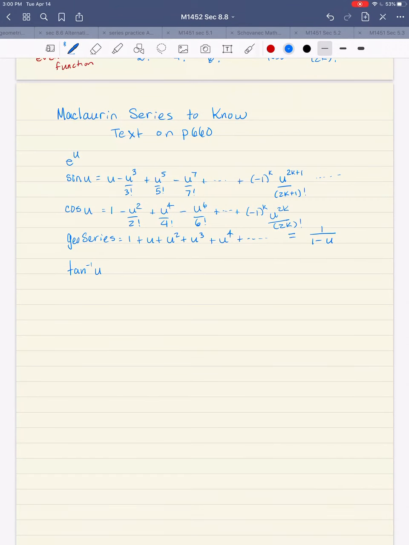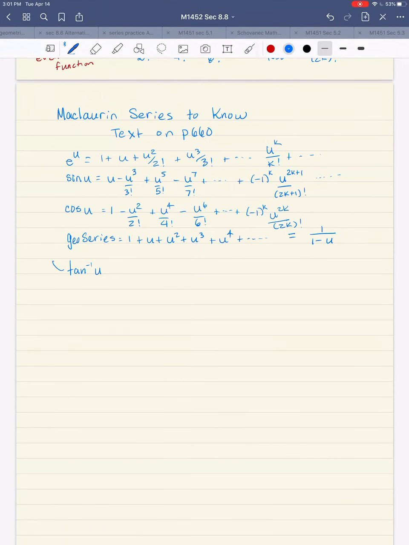Negative 1 to the k, u to the 2k over 2k factorial. This one was the 1 plus u plus u squared over 2 factorial plus u cubed over 3 factorial. So that was u to a power over k factorial.